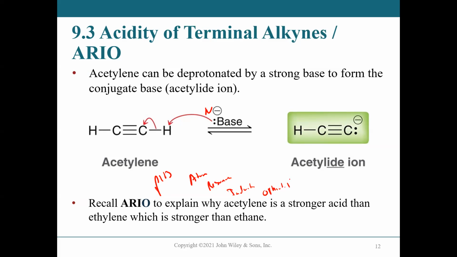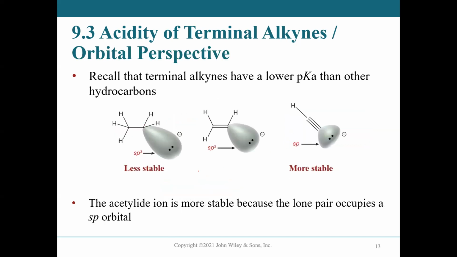And the orbital, in which orbital do we find the negative charge for each conjugate base? And I kind of already talked about this. We had the sp3, which is less stable, sp2 and sp, and you can see the trend as you get more and more towards that s character, it becomes more stable. So the acetylide ion is more stable because the lone pair occupies an sp orbital.